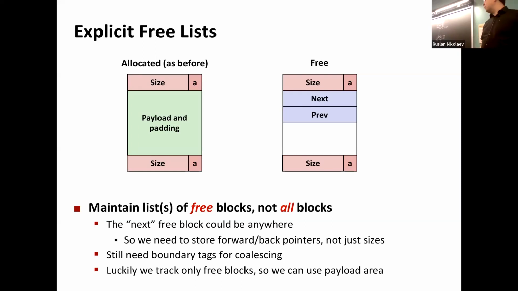Because we are going to keep track of free blocks differently, this is why we have these pointers, because sizes are no longer sufficient. We can have forward and backward pointers. We still need boundary tags for coalescing. So what does that mean? Let's put it off for a moment. But if there is some adjacent block which we can coalesce with, we want to take advantage of this, just like with the implicit allocator.